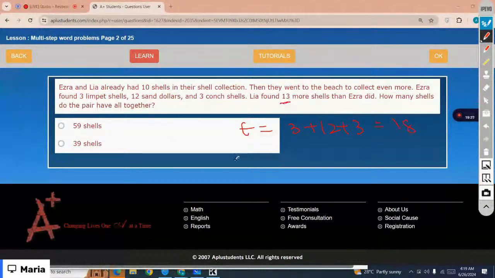Leah found 13 more than Ezra. Ezra has 18 and 13 more means she has 31. They already have 10.